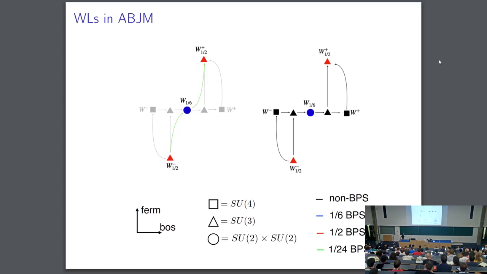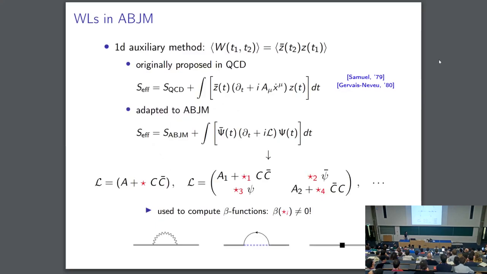And on the right, we have more or less the same picture, but if on the left we have connecting these 3 points, green lines, so BPS operators, here on the right, all the arrows are black, so you have non-BPS representatives. And here we also have other operators that are bosonic on the horizontal line that preserve different subgroups of our symmetry. So this is only to show you that we have indeed many different operators in ABJM. In 3 dimensions, it's much richer.